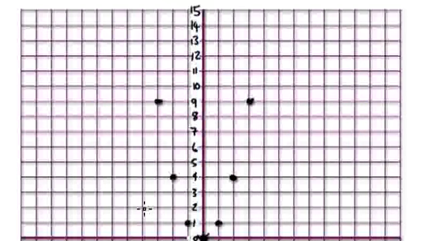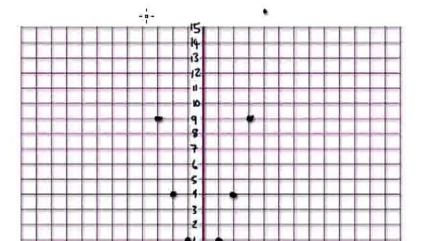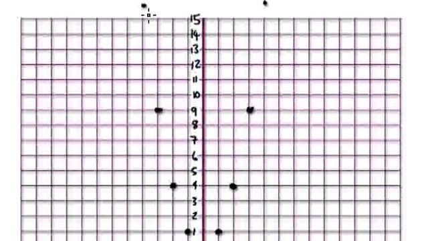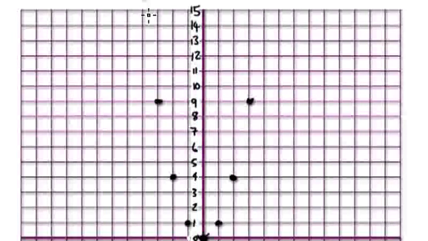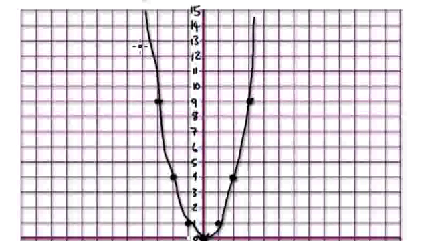When x equals -4, this will be +16 as well. And now you just got to join up all the points. I'm going to do my best. It's quite hard for me to draw on this computer. It should be a curve like this. It should be a curve. Okay, it should be like a U curve.